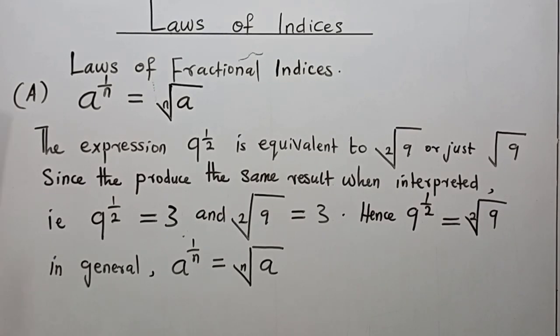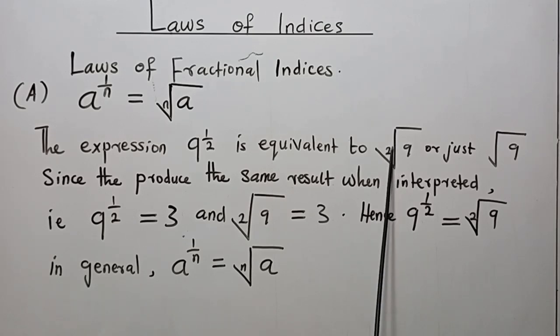Now, notice that the expression 9 to the power 1 over 2 is equivalent to the square root of 9. Since it is the simplest of all the roots, the 2 could be absent, and yet we know it is there in principle, meaning that this sign and this sign are the same thing. If we begin to have something like cube root, fourth root, fifth root, and other higher roots, we do not choose to ignore the number which is here.